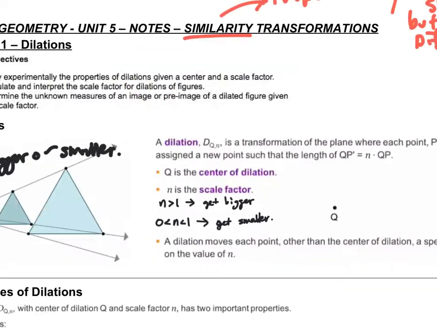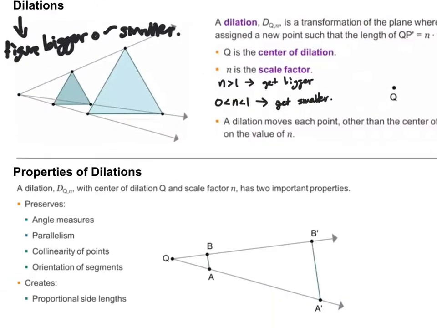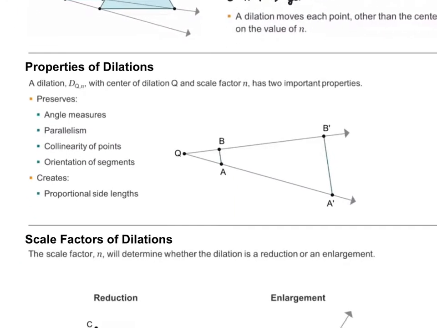So the properties of dilations: a dilation preserves angle measures, things being parallel, so BA is parallel to A prime B prime, points being collinear, and the orientation of the segments. And it creates proportional side lengths.